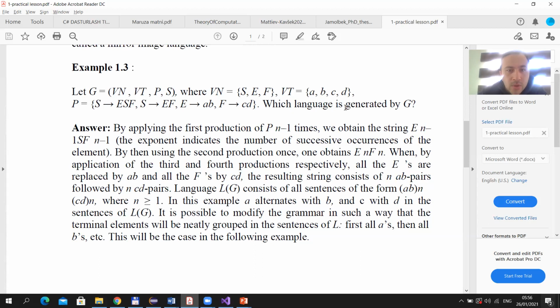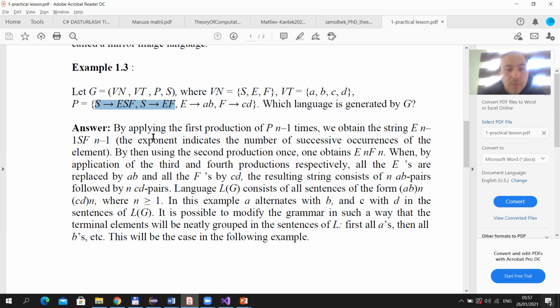As you already noticed from the previous exercise, we can finish our sentence once we put AB or CD. To get a sentence, or to produce a language, we have to use AB instead of E or CD instead of F. Otherwise, with these rules, we cannot finish because there is still a non-terminal.